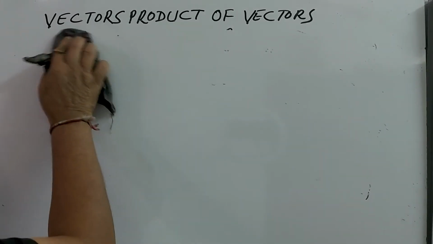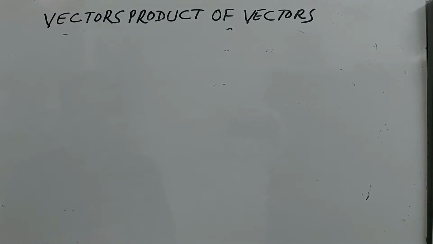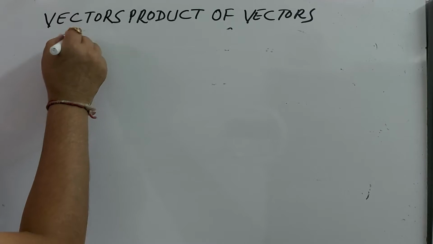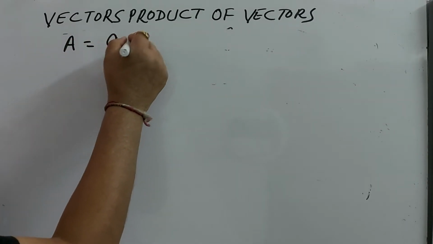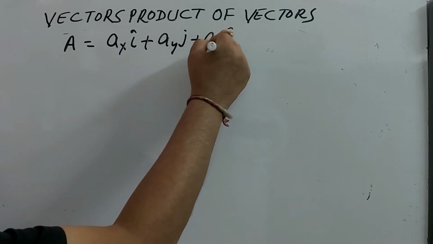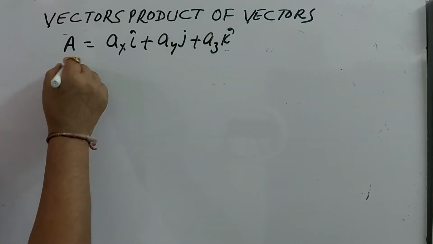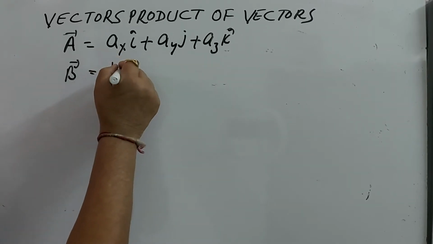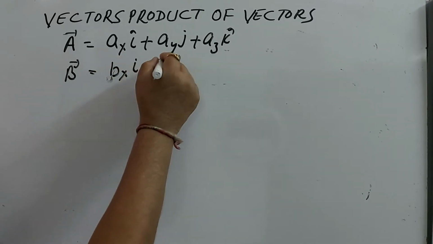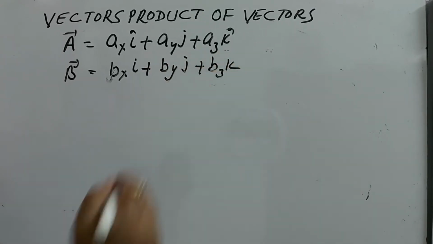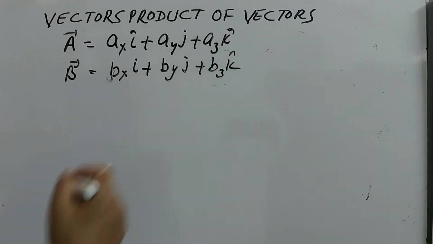Now one more thing. Suppose we are given two vectors, and a vector is written in component form as ax i cap, ay j cap, and az k cap, and b vector is given by bx i cap, by j cap, and bz k cap, and we have to find the value of a cross b.